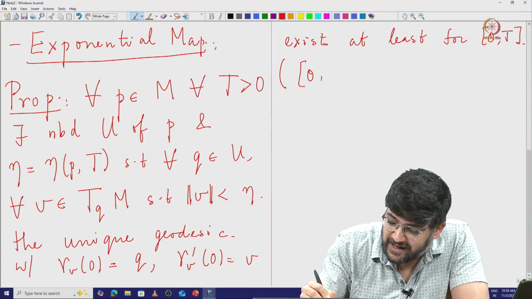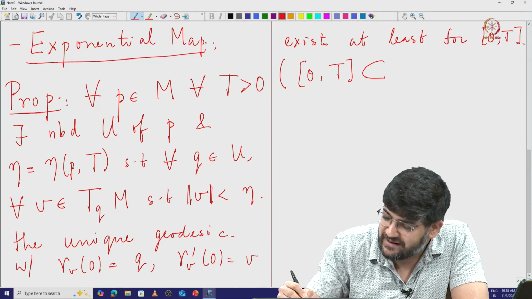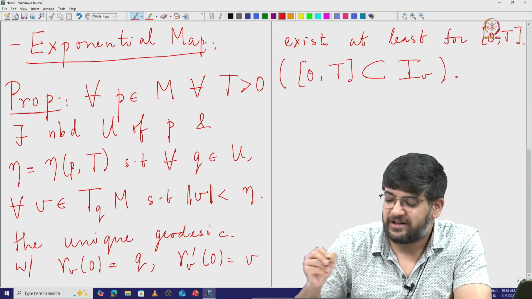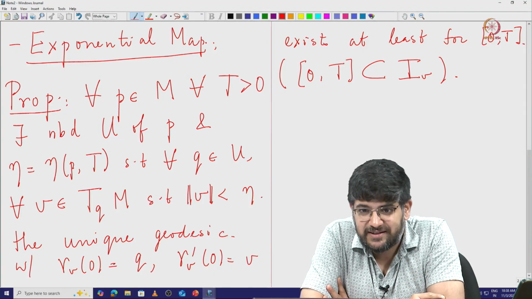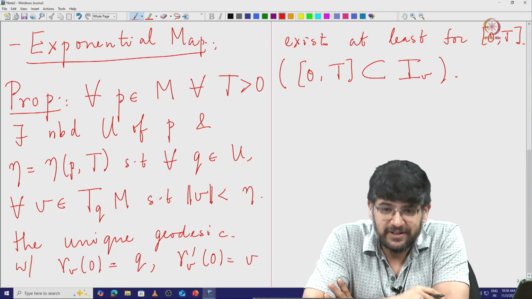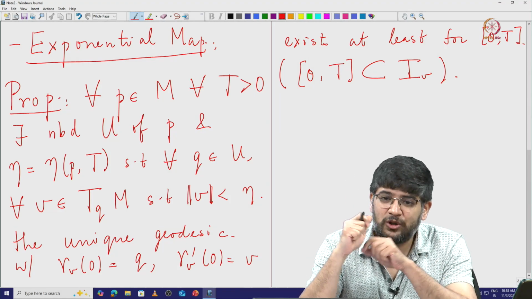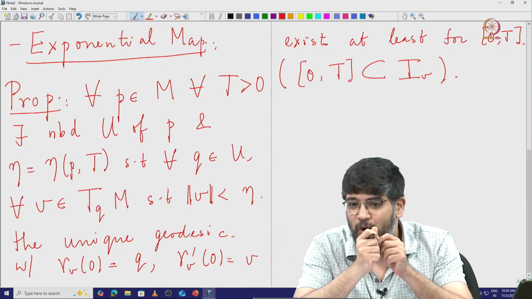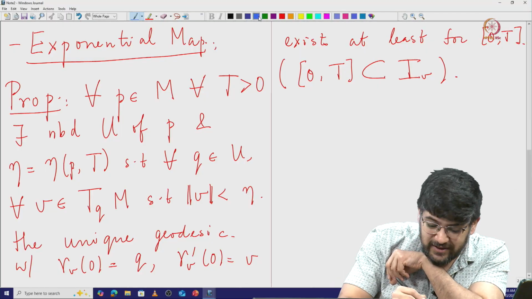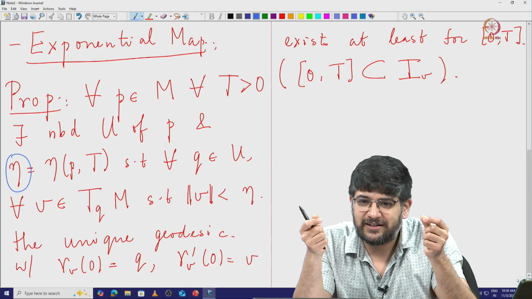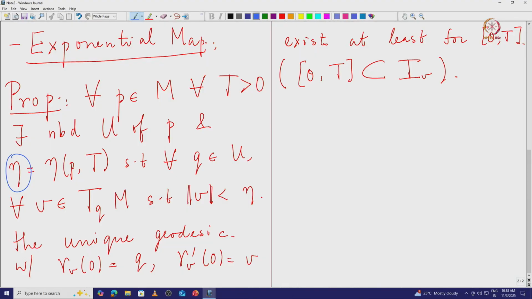So what this says is that this set is contained inside this open interval, which is the maximal interval on which gamma_V exists. So the statement is that if you want to specify a capital T for which you want the geodesic to exist, then there is a constant eta, so that if you take vectors that are shorter in length than eta, then the corresponding geodesic will indeed last for time capital T.